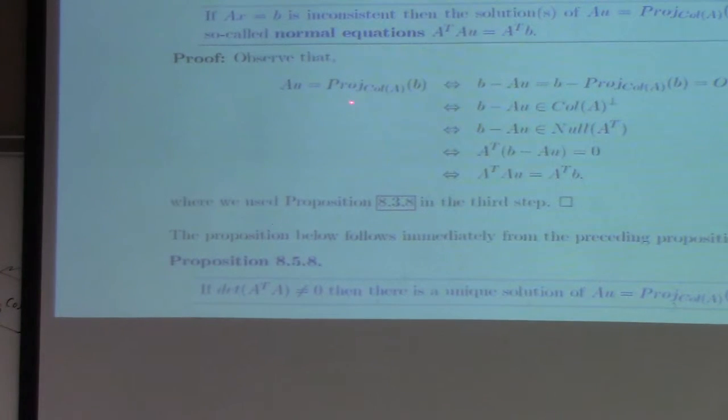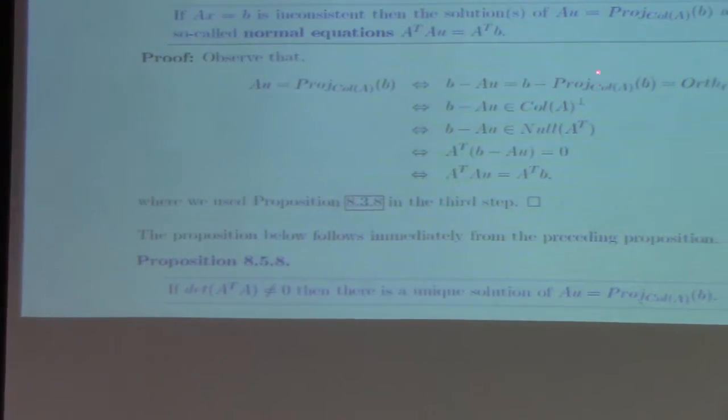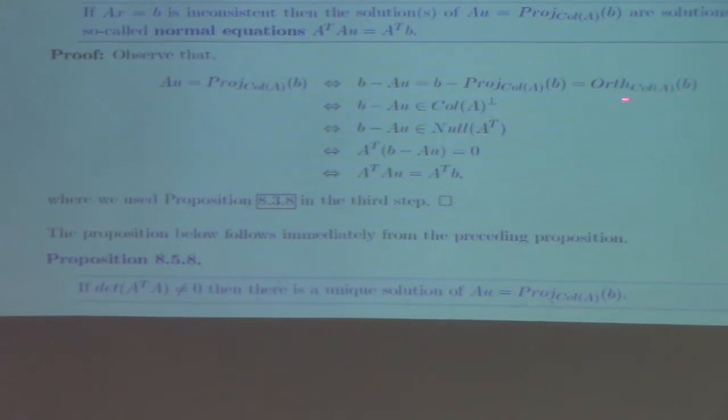If this is equal to that, that means if you subtract this and that from B, you get B minus AU is equal to B minus that. Now this is by construction the orthogonal projection onto the column space, like the proof we did earlier today. B minus AU then is in the orthogonal complement, the column space of A perp, which is the null space of A transpose.